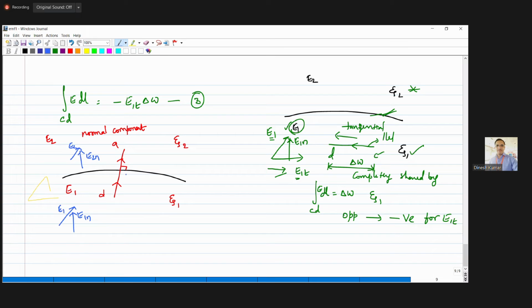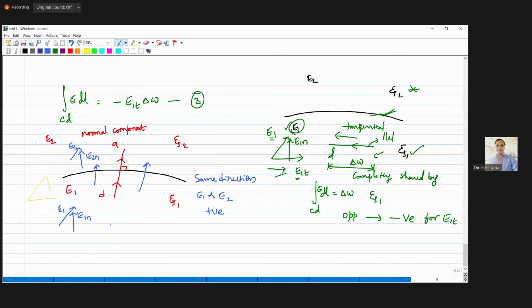Observe here the direction of this conductor is from bottom to top, and the direction of E1n and E2n is also from bottom to top only. So both have the same direction.